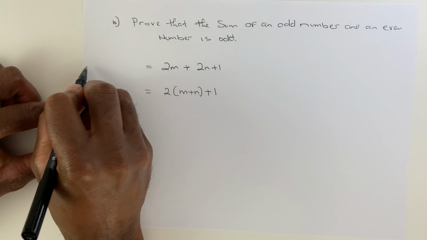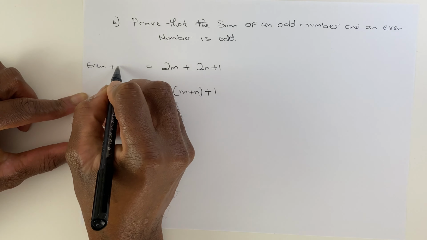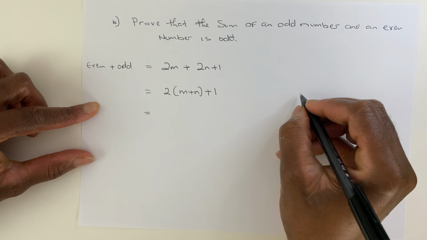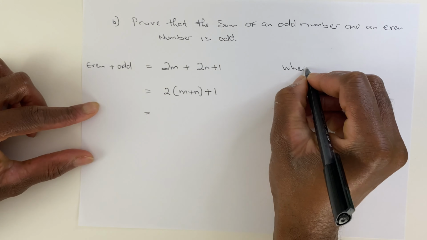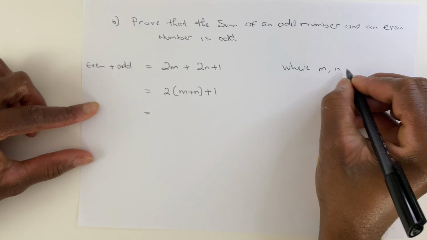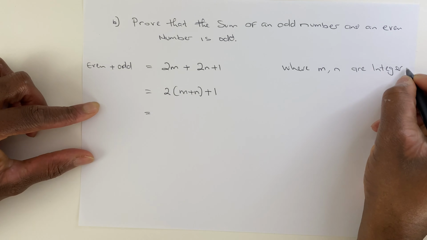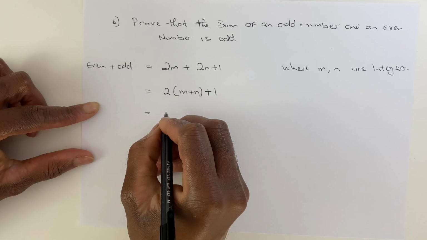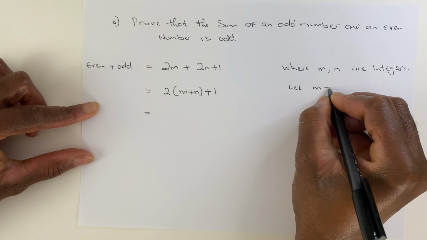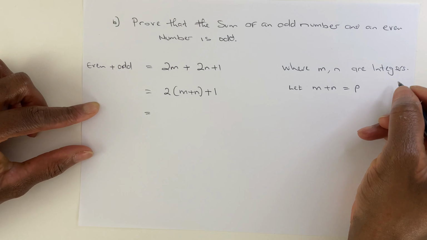So that will be even plus odd. And in this case, remember that m and n are integers, but let m plus n become p, where p is another integer.